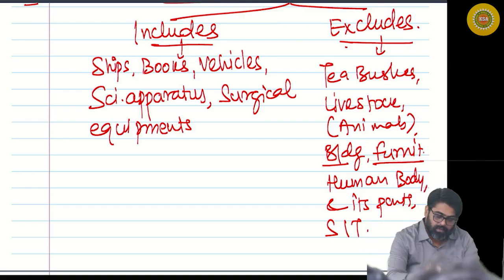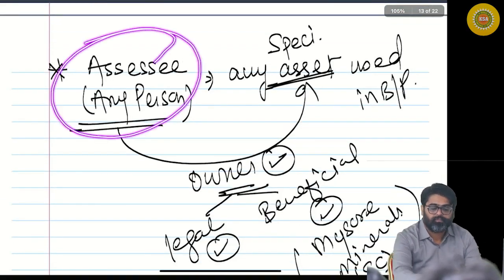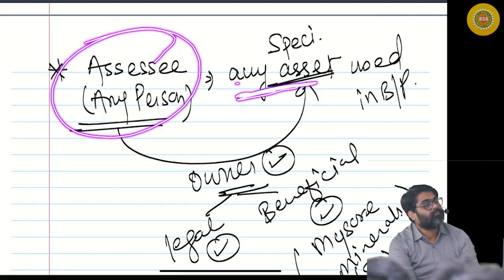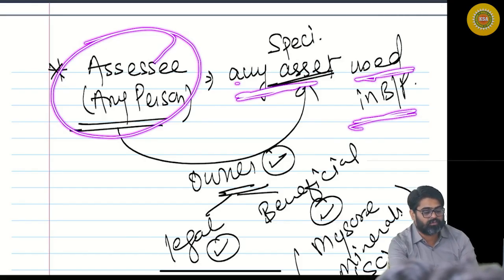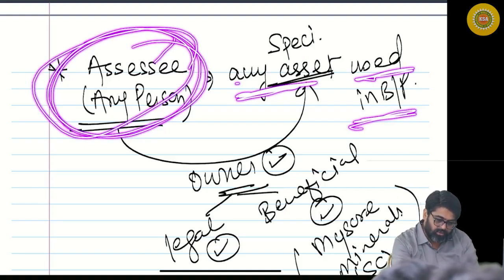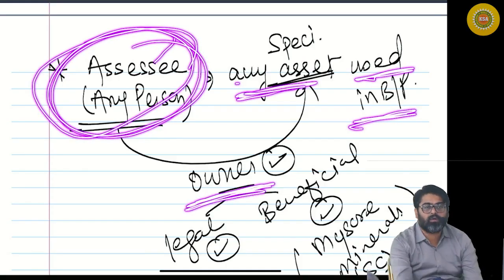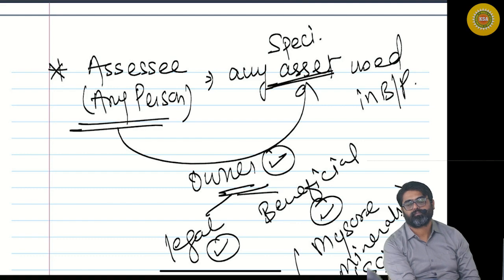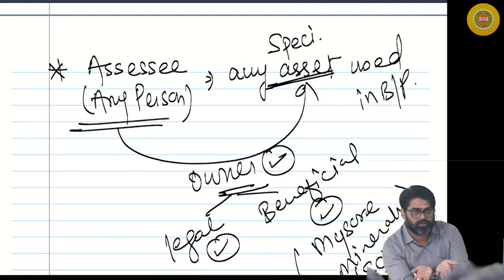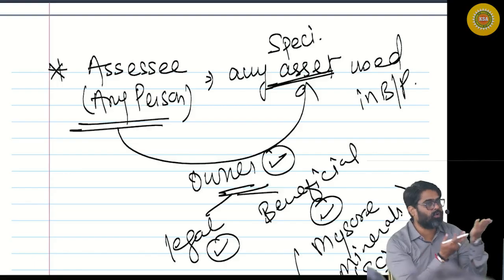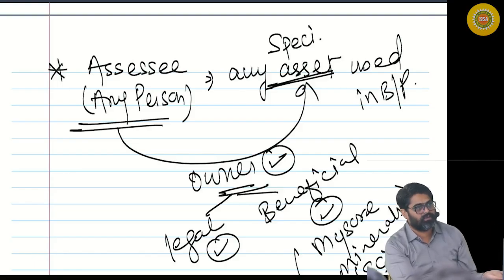Getting my point? So everyone, now the assessee having any specified asset which is used for the purpose of his business, this assessee must be the owner of these specified assets. If he is the owner, he must have incurred the cost. So that cost should be allowed to him in the form of depreciation.